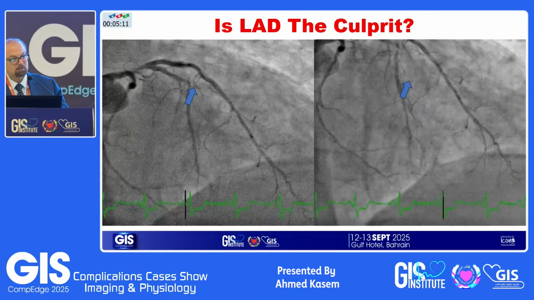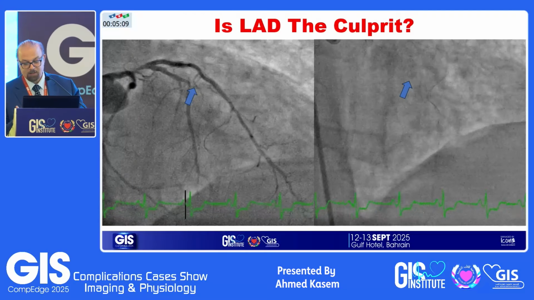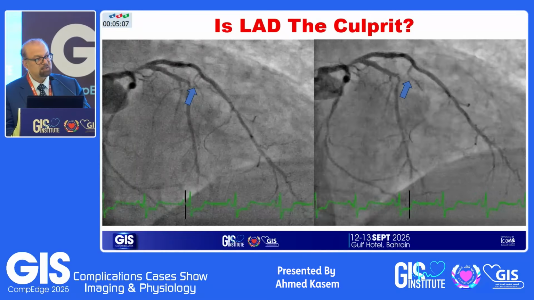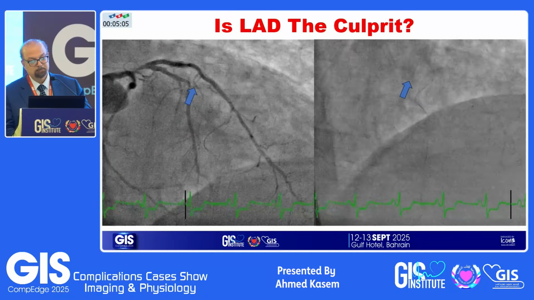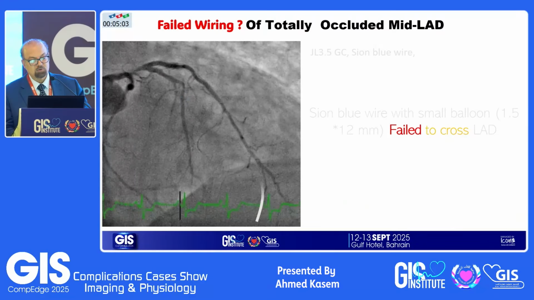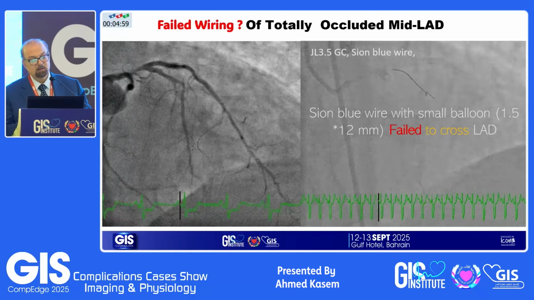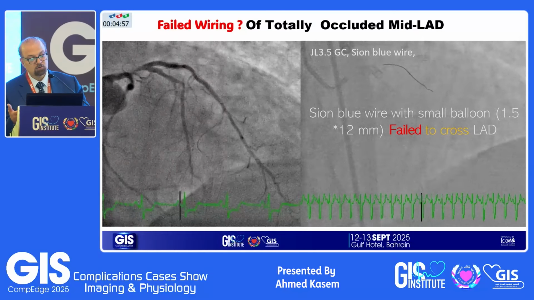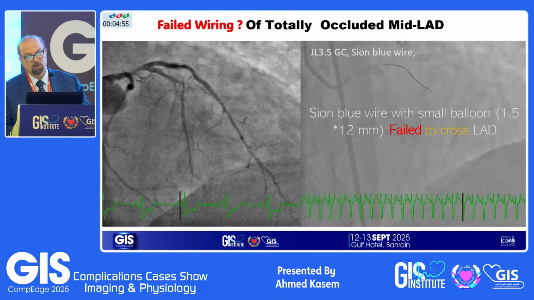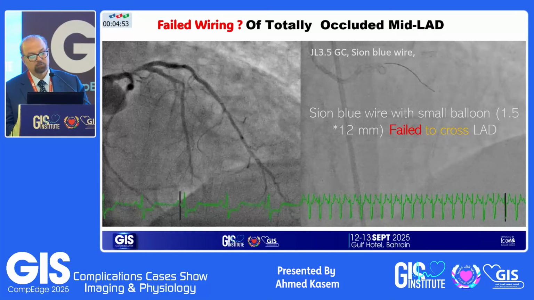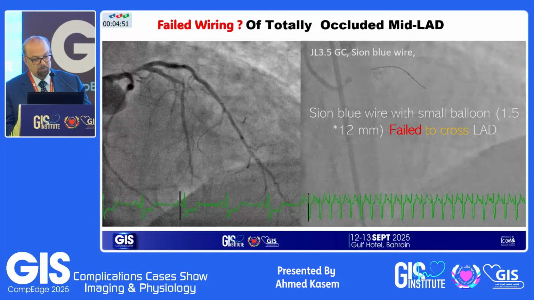So I tried to cross this mid LAD with a wire. I used a BMW wire initially; the tip of the wire was damaged and buckled. I could not cross, so I used a Cyan Blue wire with small balloon support, 1.5, which also failed to cross.